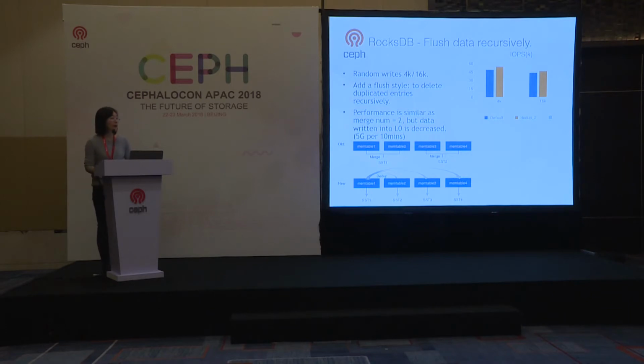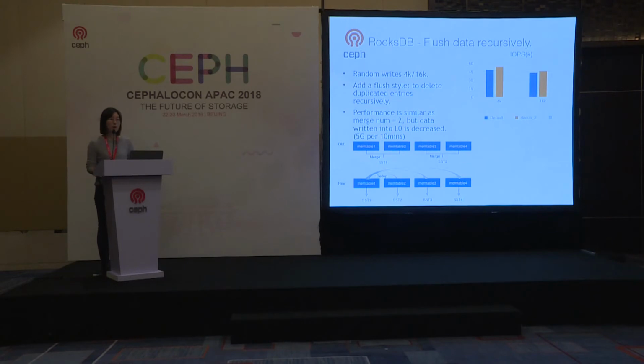But if I write the data A in memory table 1 and delete it in memory table 2, and then in memory table 2 I write the data A again and delete it in memory table 3, when RocksDB flushes memory table 1 and memory table 2 into the disk, it still writes the data A into the disk.